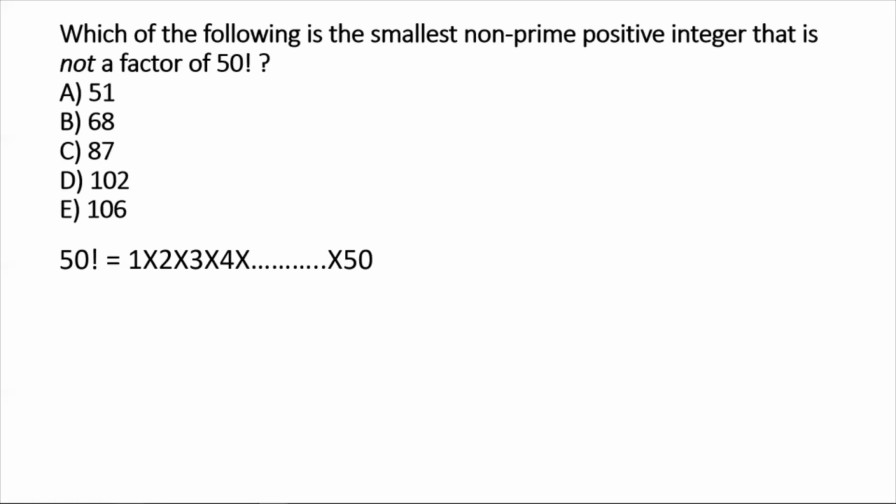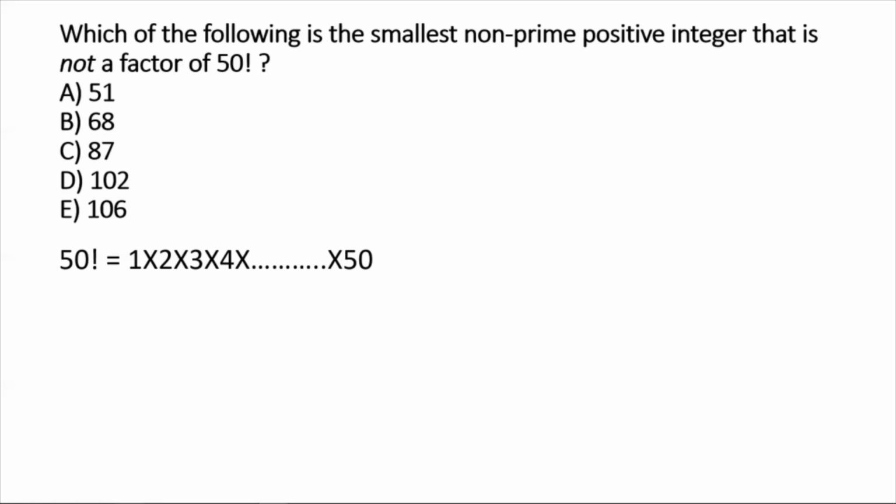And I must admit that when I first attempted this problem, my instant reaction was to pick 51, because 51 is not present from 1 through 50. But when I thought just one level deeper, that would be the wrong answer in this case. Why?